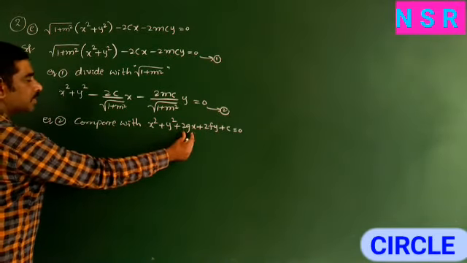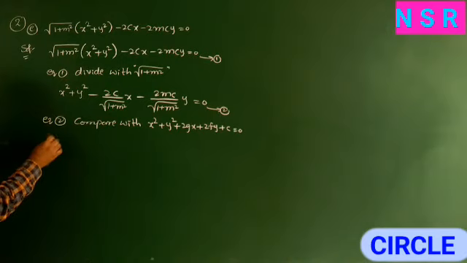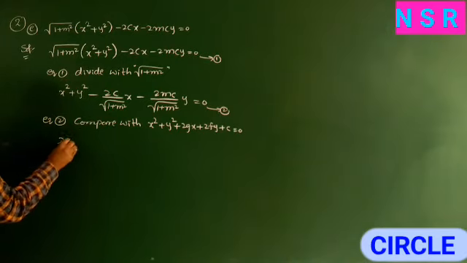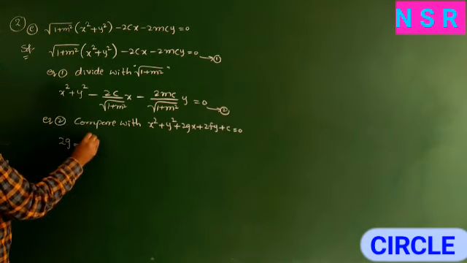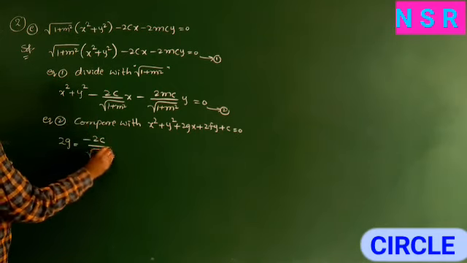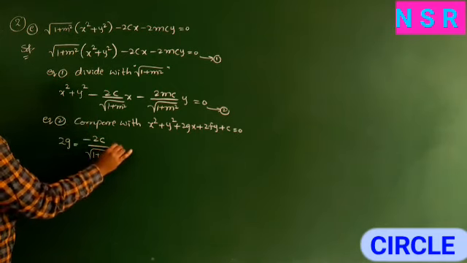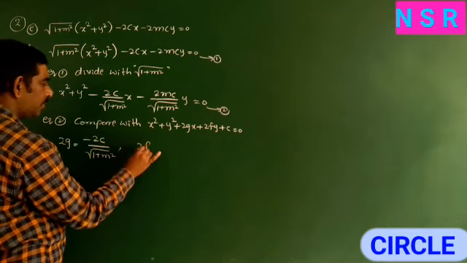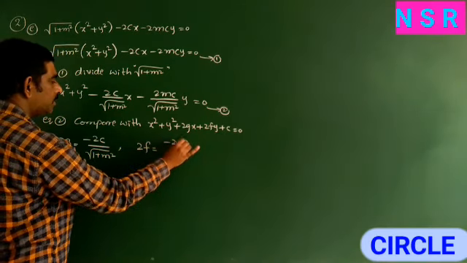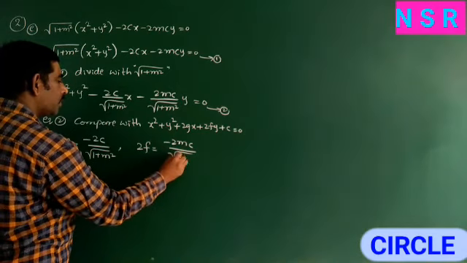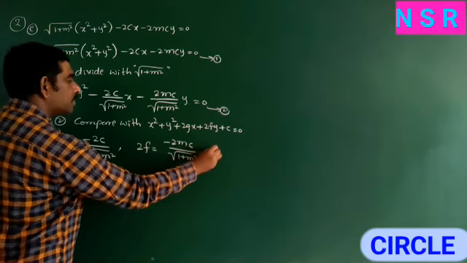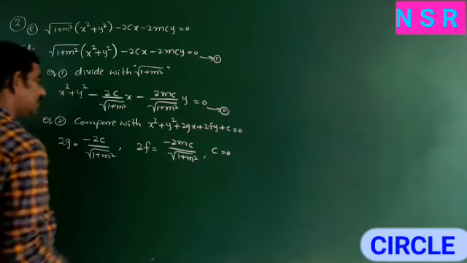Now here the x coefficient is 2g, and here the x coefficient is minus 2c by under root of 1 plus m square. Now comparing this equation, we get 2g is equal to minus 2c by under root of 1 plus m square, and 2f equal to minus 2mc by under root of 1 plus m square, and c equal to 0.